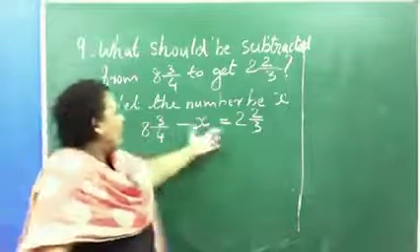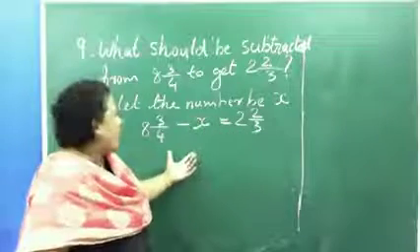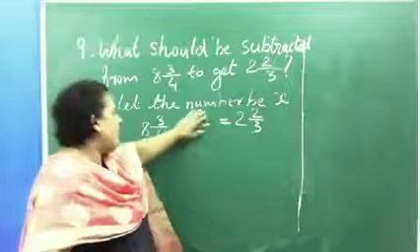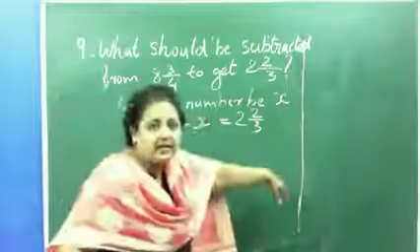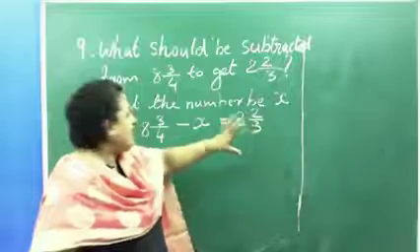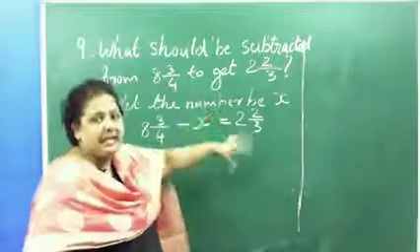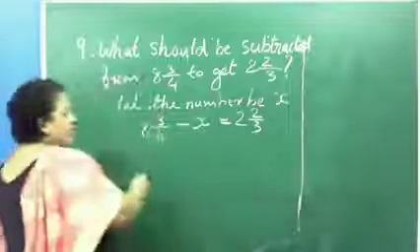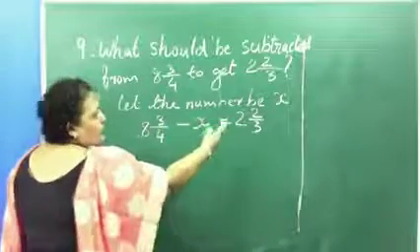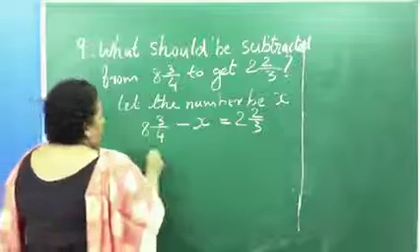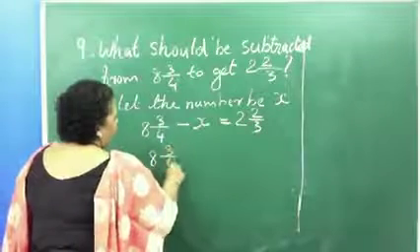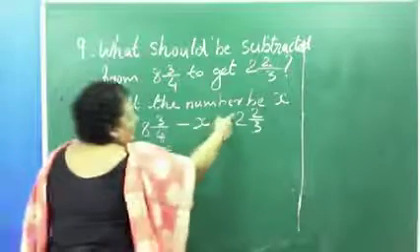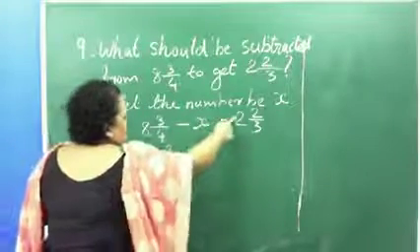Now we have to transpose this. Here minus x is coming, so I am going to take this minus x to the other side. x has to be in a single form because we have to find x. For our ease, we take x to the other side and this 2 2 by 3 we take to this side.